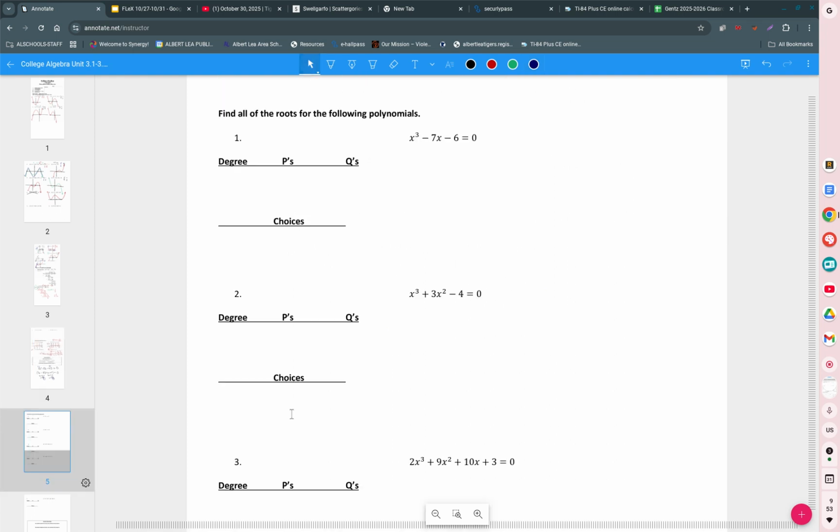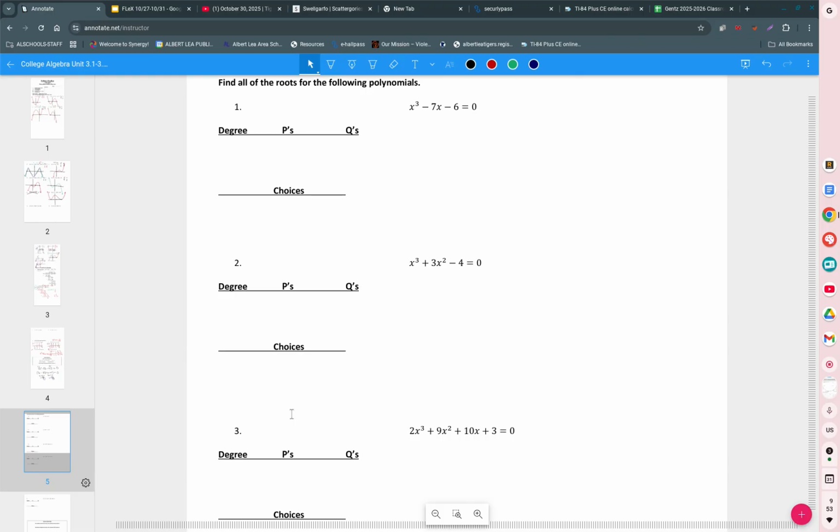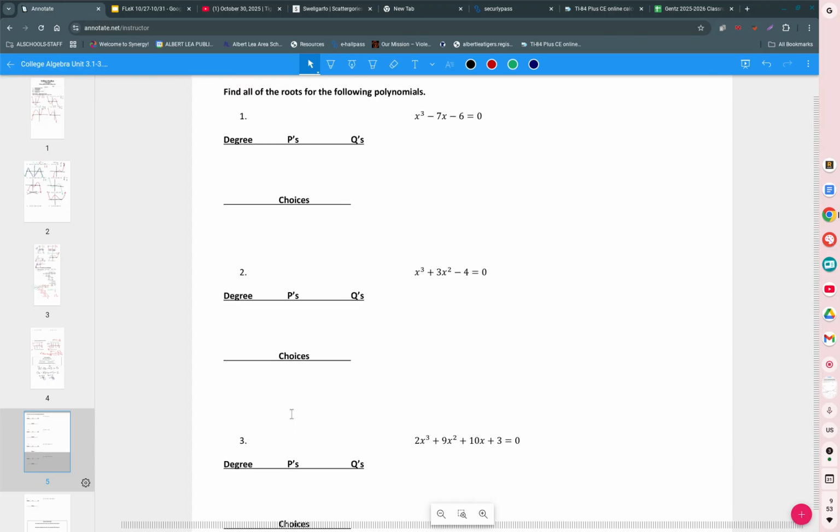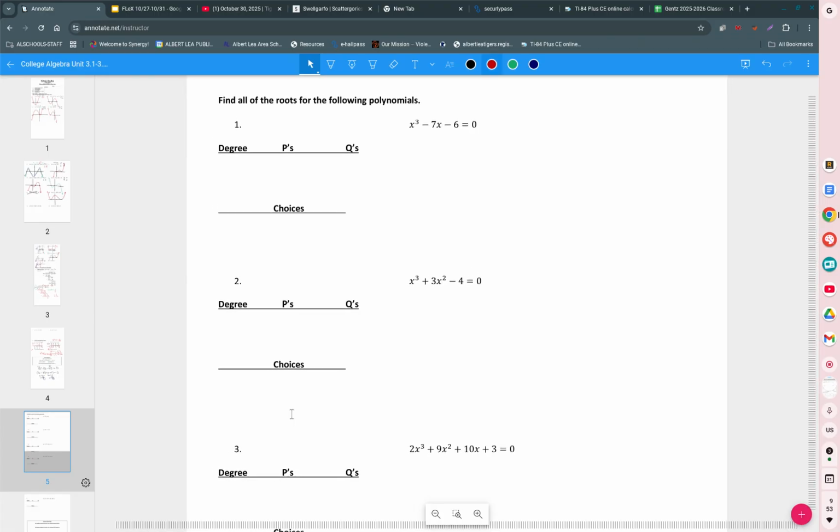We end with this example 1 right here, which is where we pick up on Monday. Does everybody agree that x cubed minus 7x minus 6 doesn't factor in a way that we know how? Yeah. So what I could do is come up with my p's and my q's. P's are factors of the last number, and q's are factors of the front number.